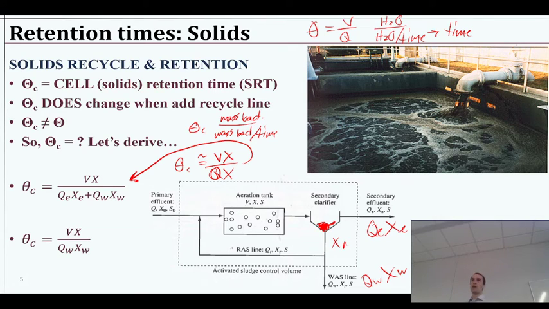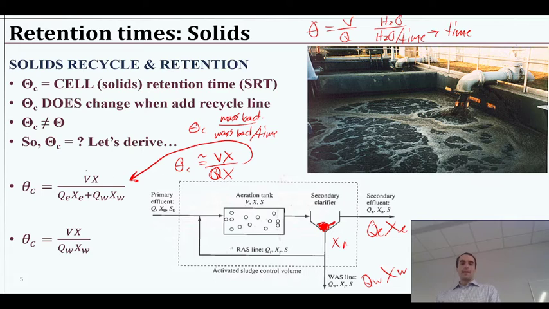When we talk about theta, it's just V over Q. If we had a theta in this case, we could write it as V over QW plus QE, because the water's leaving in two directions from this picture. But we know that Q equals QW plus QE, so we could just put Q there. So that was not really relevant to calculate theta because we already knew that was the situation.